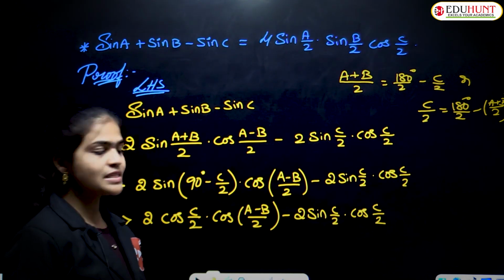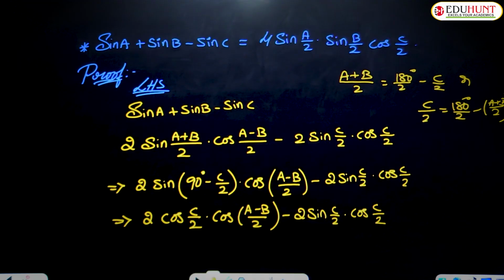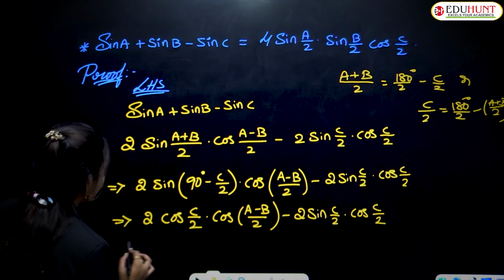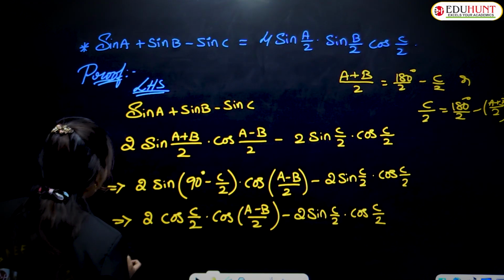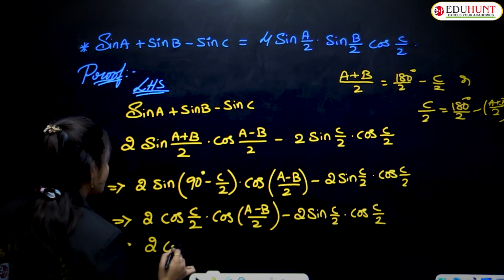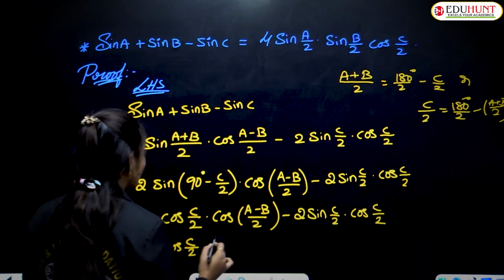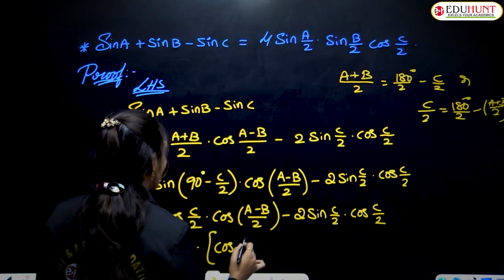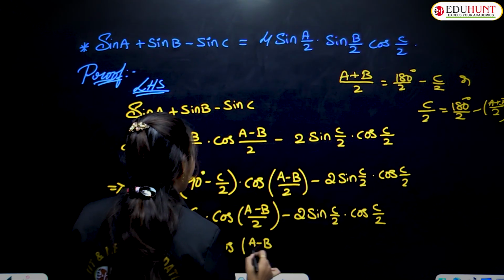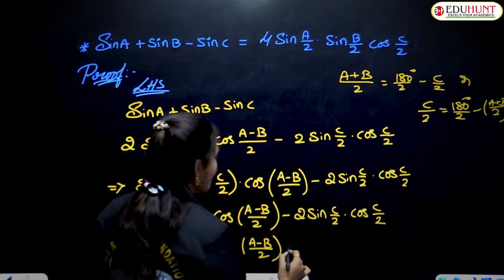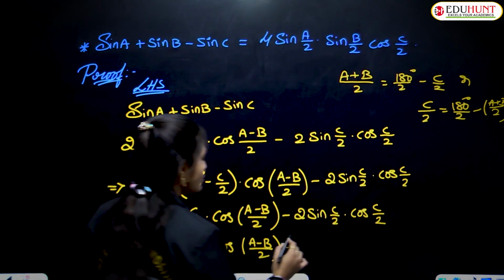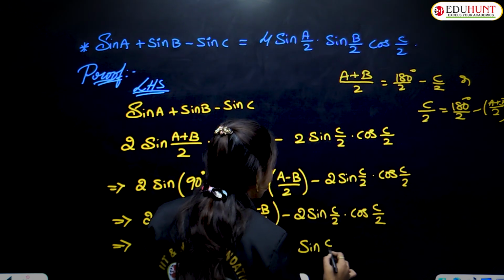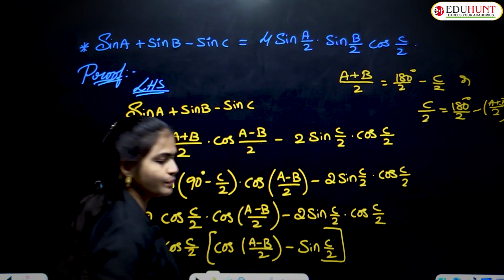Okay, so from this one, here we can take 2 cos C by 2 as common. So 2 cos C by 2 as common. So here cos of (A minus B) by 2 minus, and here cos C by 2 is common, no? So what is left here? Still we have sin C by 2. Clear?